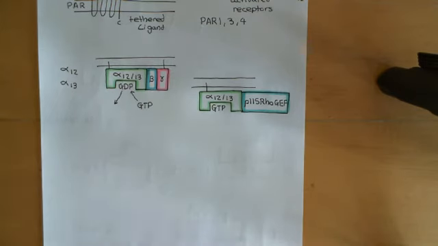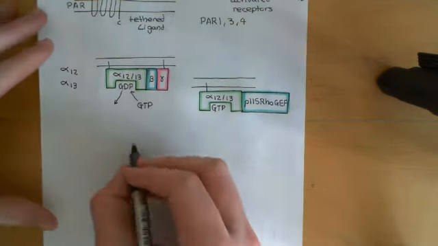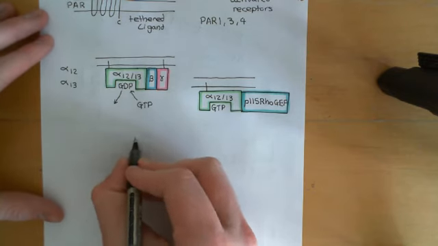Now the p115 RhoGEF is bound to the alpha 12/13. It's going to gain its activity, so it's going to be activated, and once it's activated, it's now going to start activating monomeric G proteins called Rho monomeric G proteins.